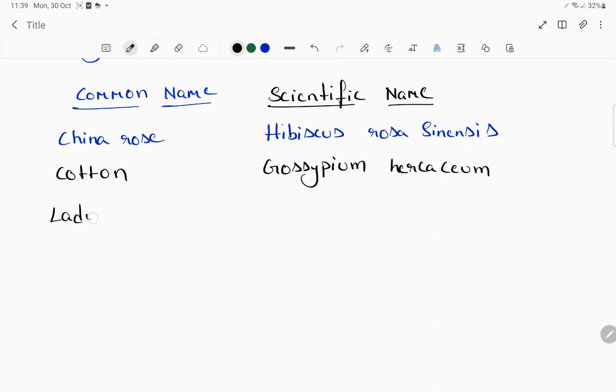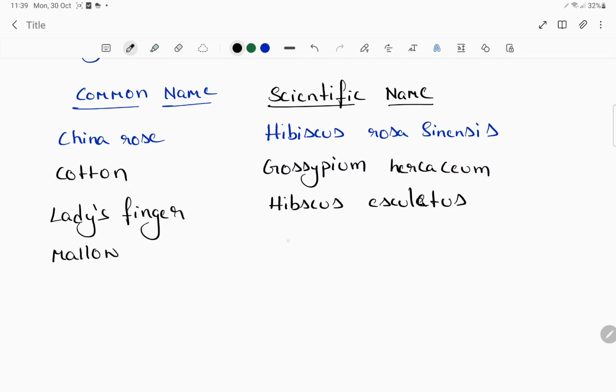And okra, lady's finger, Hibiscus esculentus. Mallow, Malva sylvestris.